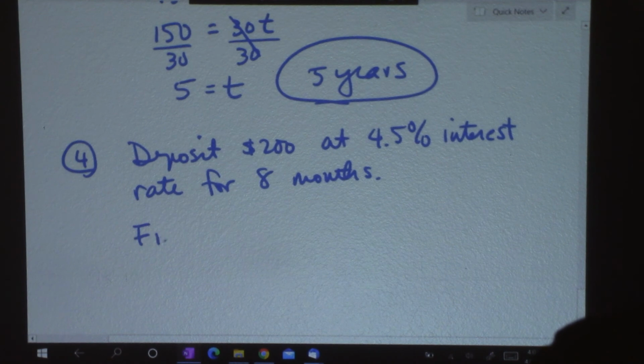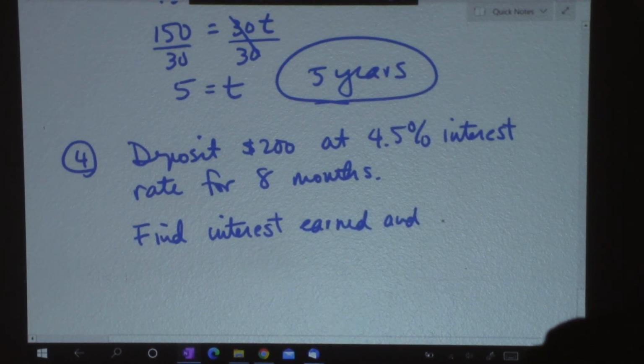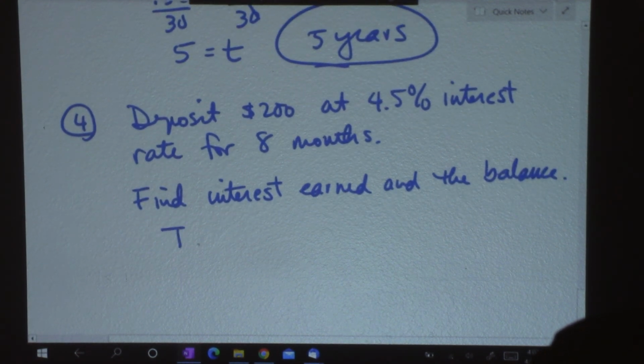Find the interest earned and the balance. Okay, let's see how to do this. So here's my formula.